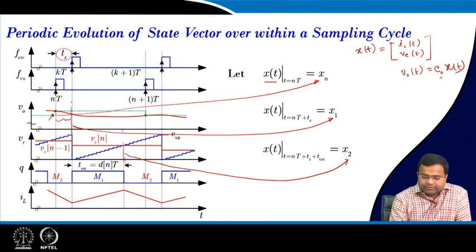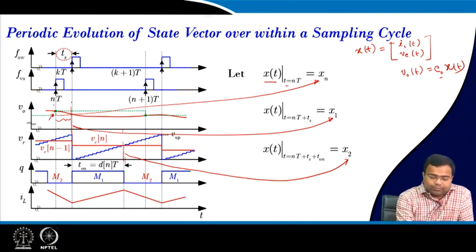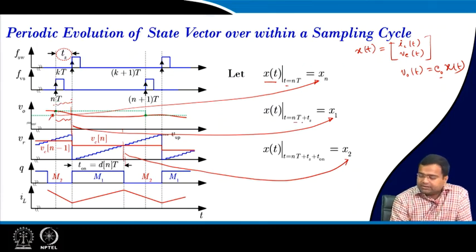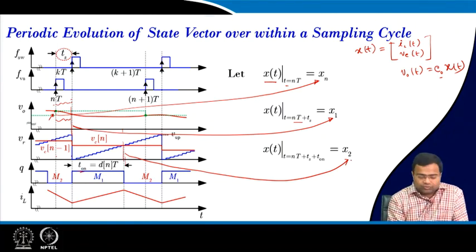If you see the duration, the first point comes at t equal to nT, the second point comes at nT plus Ts, this is the duration Ts, and the third point comes at nT plus Ts plus dn Ton, that is the on state, this is the on time Ton, x2.